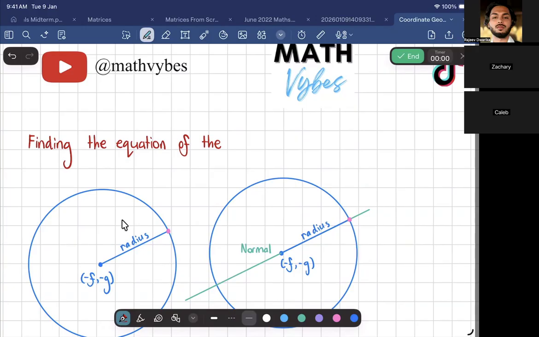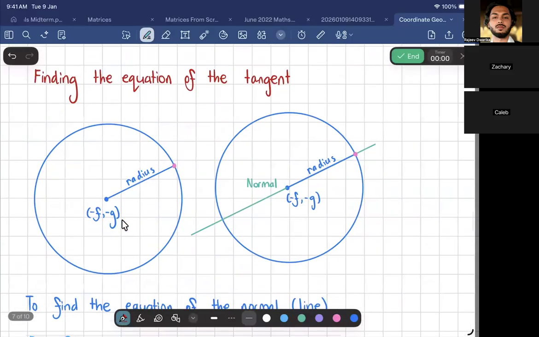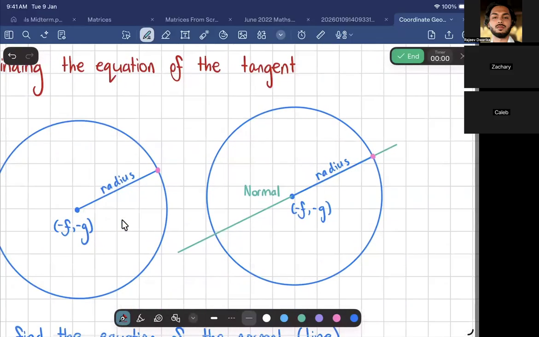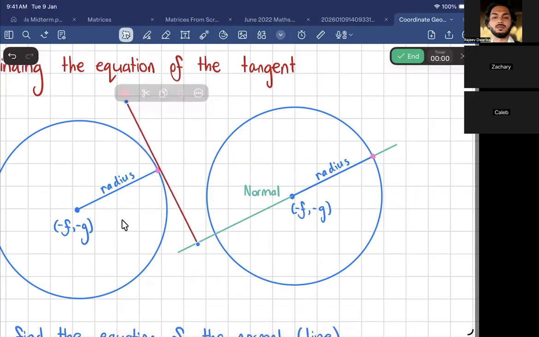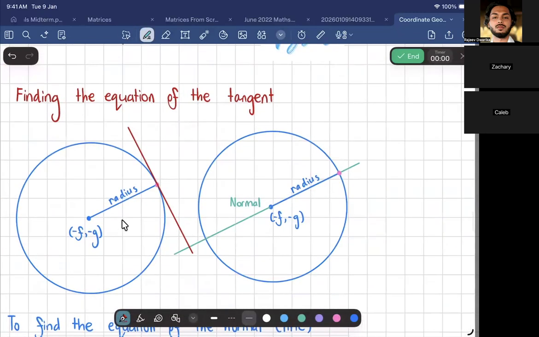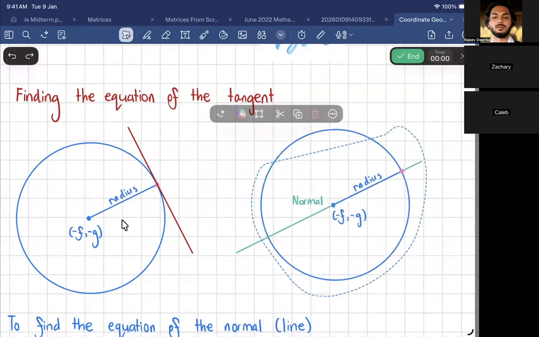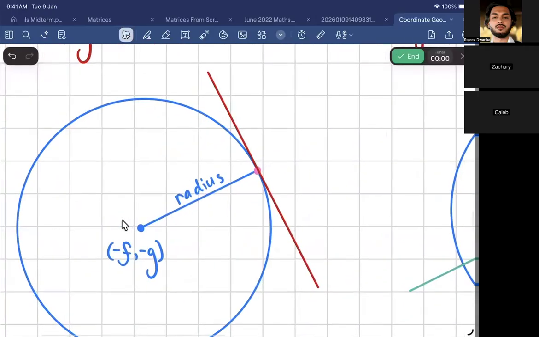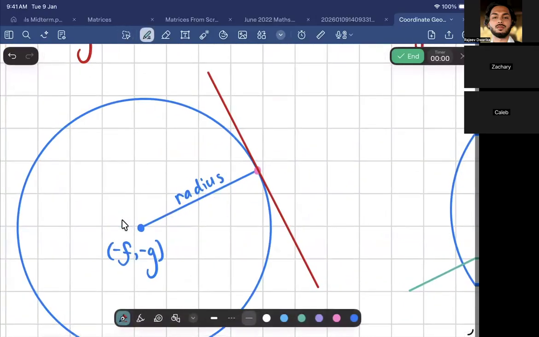So, finding the equation of the tangent. The normal is the green line over there. In case you forget, a tangent is a line that touches the circumference at how many points? One point. Something special about the tangent is that it is perpendicular to the radius.